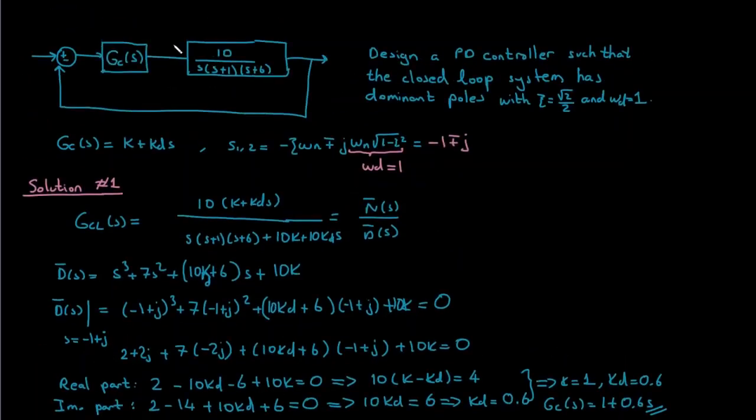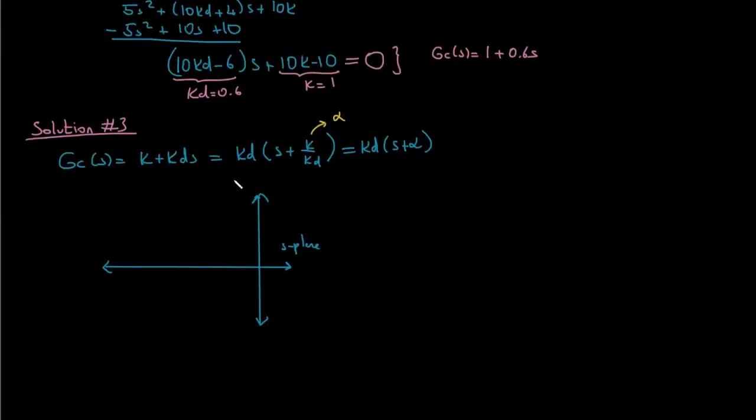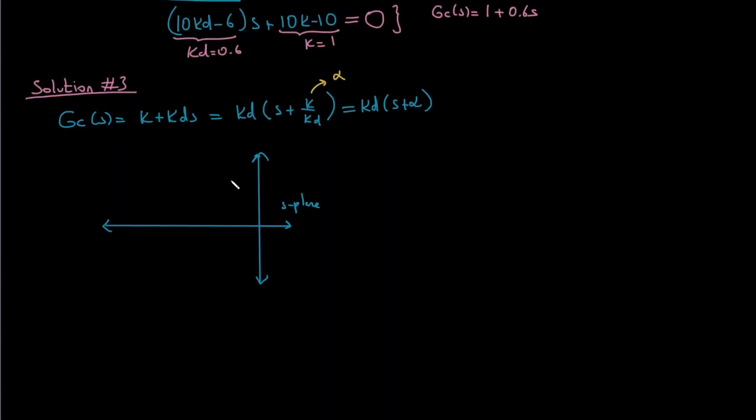So our open loop transfer function is going to be 1 kd times s plus alpha. So 1 zero that I can put at minus alpha. And there are 3 poles at 0, minus 1, and minus 6. So let me put those pole locations. 0, minus 1, and minus 6 over there. Okay.